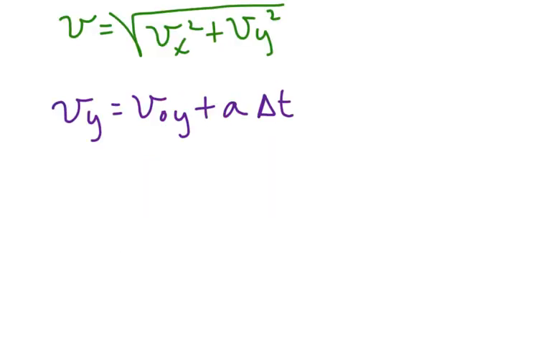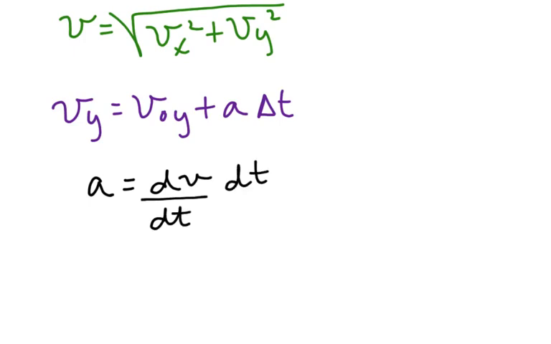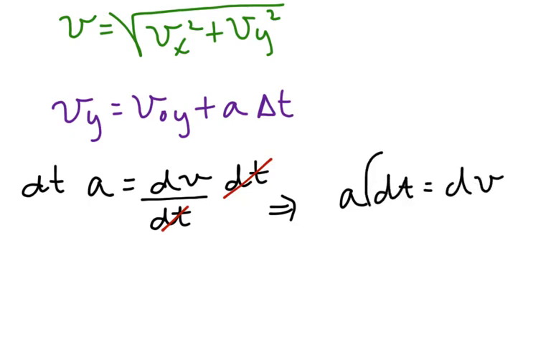In deriving this equation, we have an instantaneous acceleration equal to dv dt. By separation of variables, we're going to multiply both sides by dt, cancel that out on the right-hand side, and I now have an equation of a dt is equal to dv. We're going to integrate both sides, and I get at is equal to v.